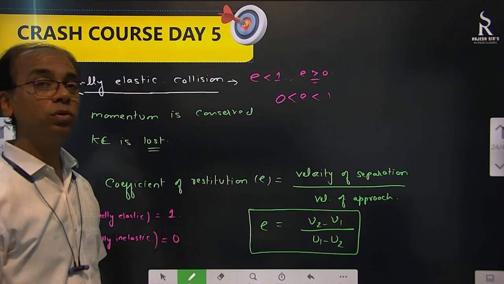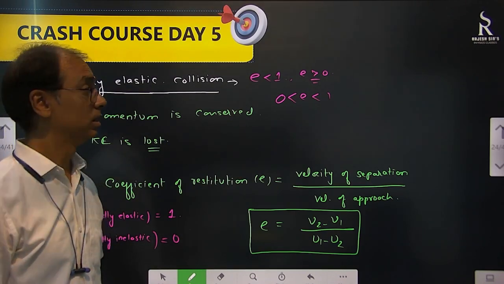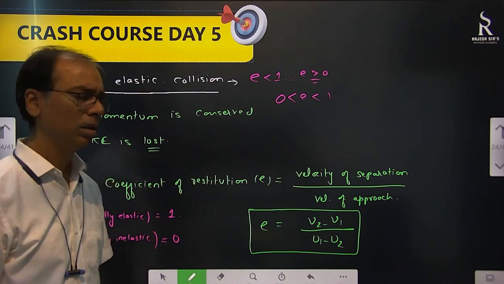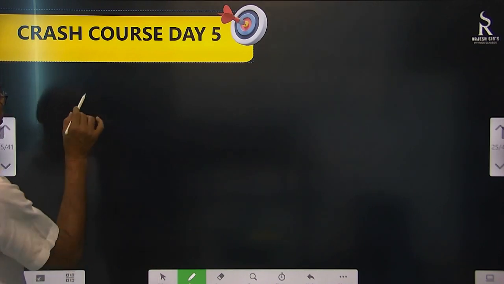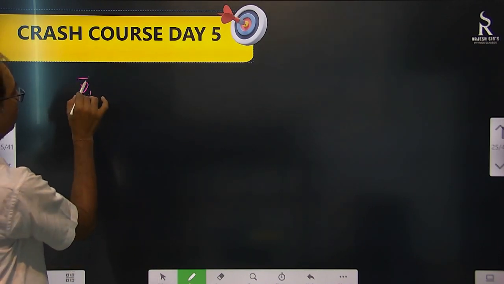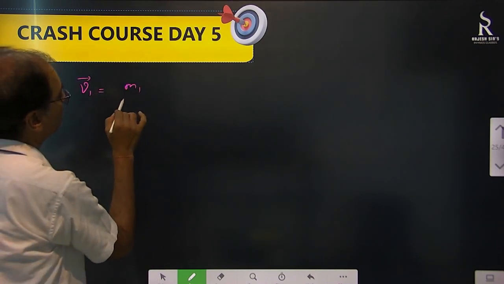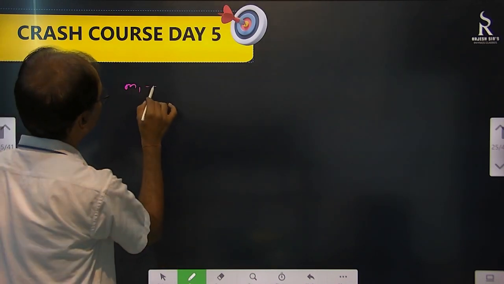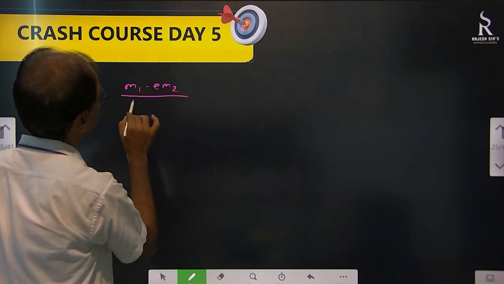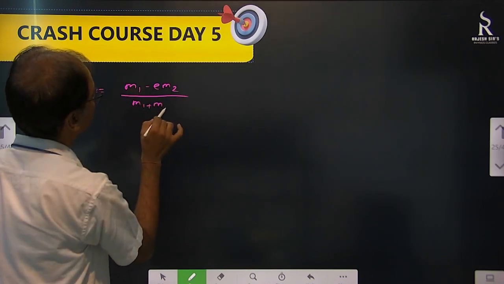Now the question is how to find velocities in this case, because here also they are separating. So the same formula that I told you for elastic collision, with a little change. This is V1. How was it? m1 minus m2 by m1 plus m2, so now m1 minus e m2 by m1 plus m2 into u1.